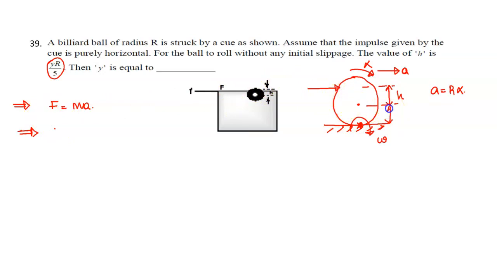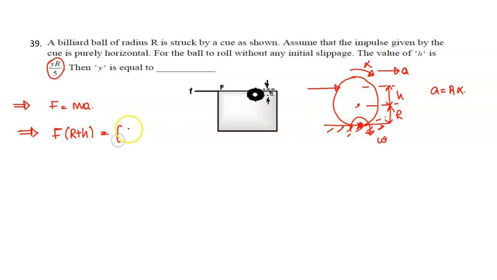This distance will be r and this distance will be h. So F into r plus h will be equal to I. This billiard ball can be considered as a solid sphere. About this axis it will be 2 by 5 mr square. About this axis it will be 2 by 5 mr square plus mr square.